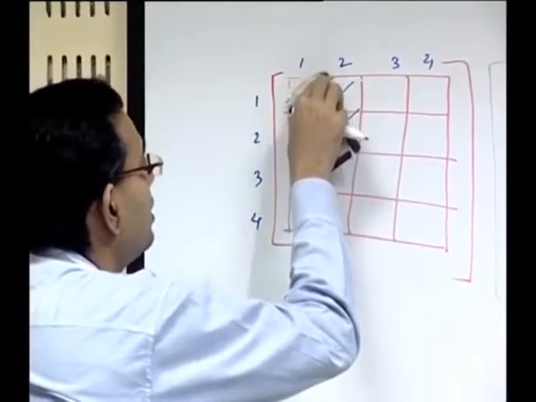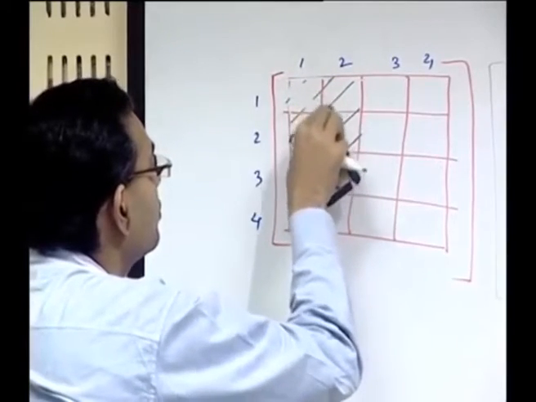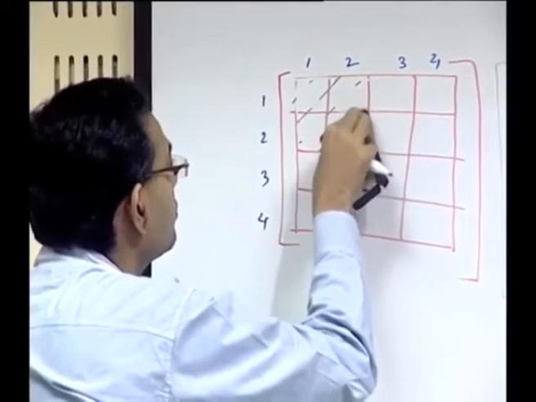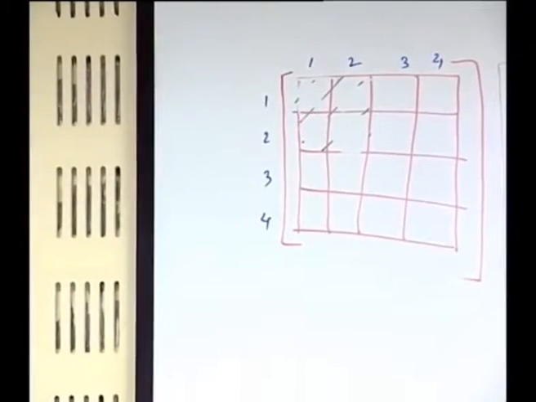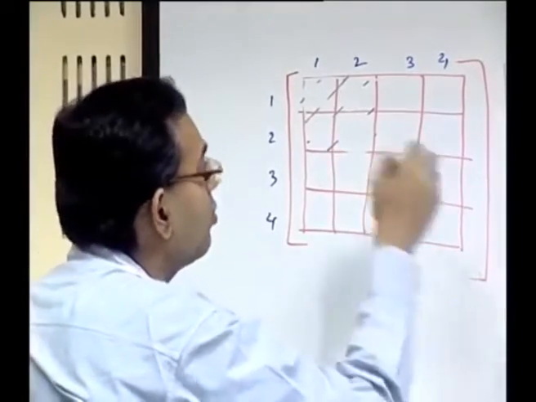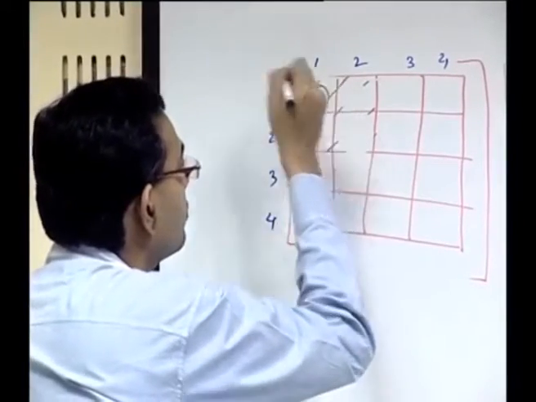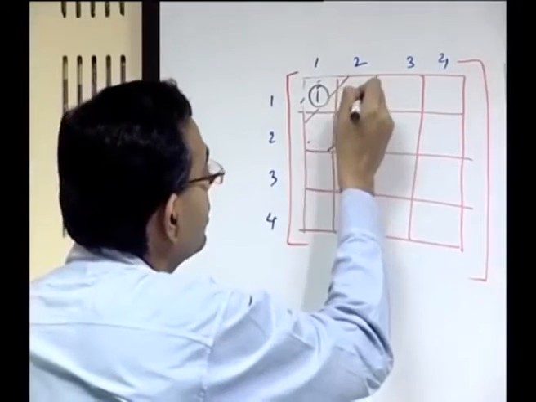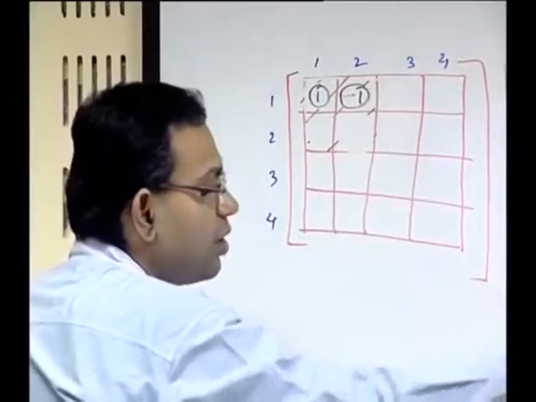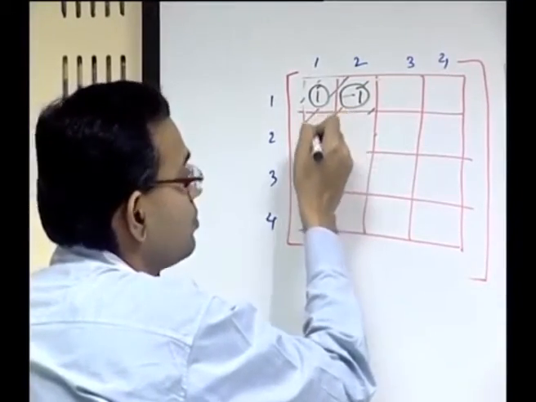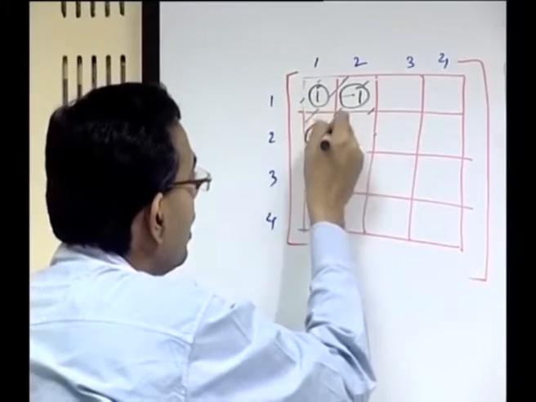Let us put the entries here. The entry corresponding to 1 is 1. Then the entry corresponding to 2 is minus 1. As if you were just copying that from the local matrix, minus 1 and this as 1.